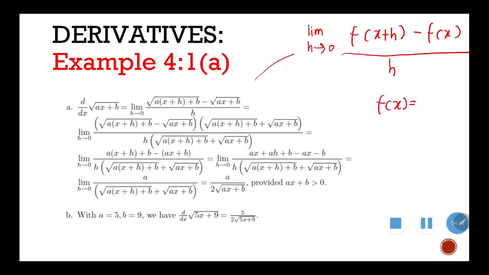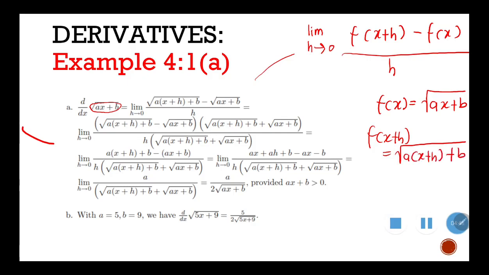So f(x) is square root of ax plus b. And f(x plus h) is square root of a(x plus h) plus b. So here it is f(x plus h) minus f(x) over h.